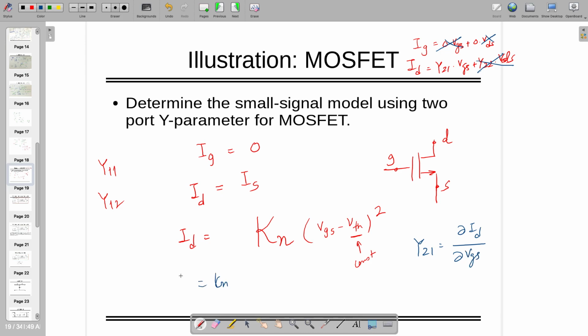So Kn times... Right. This is what you are going to see, and you are going to call this one the transconductance. This is the transconductance of this particular transistor, and you can replace this with the following structure.